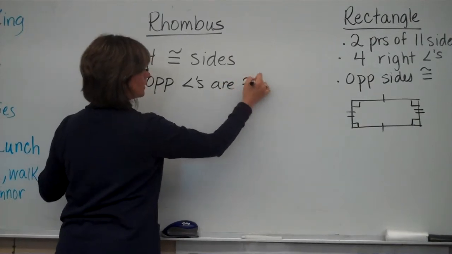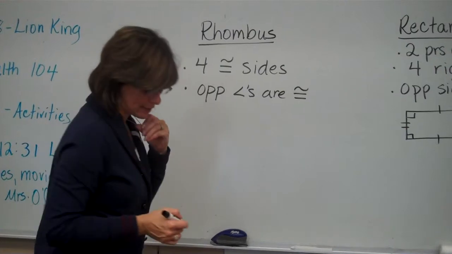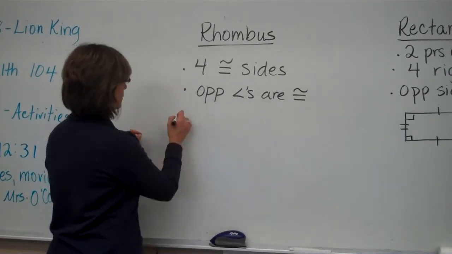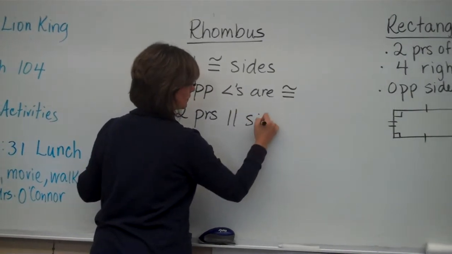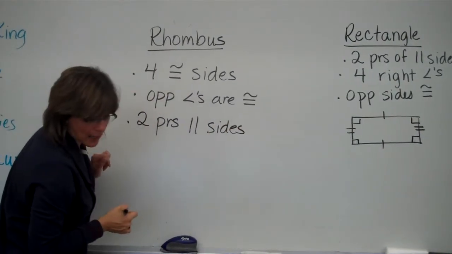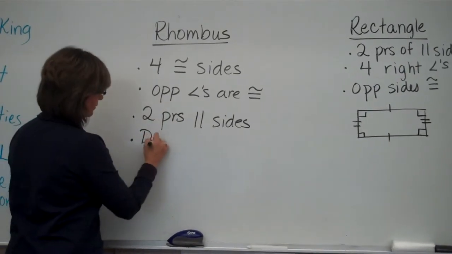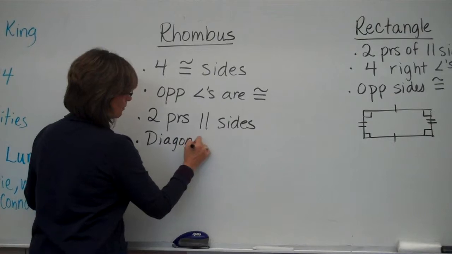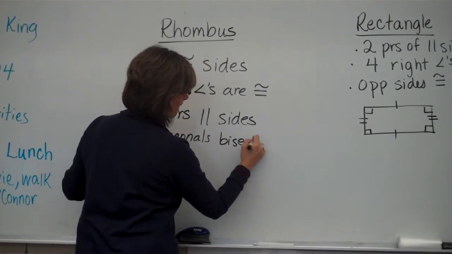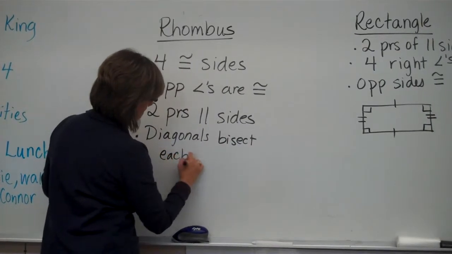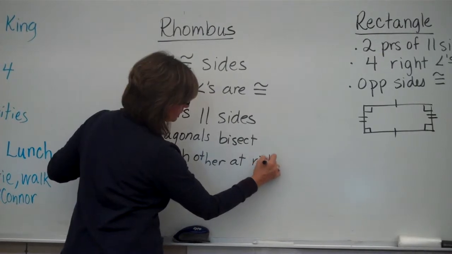That's what's different about a square and a rhombus, because in a square all the angles are 90 degrees. 2 pairs of parallel sides. And diagonals bisect or cross each other at right angles.